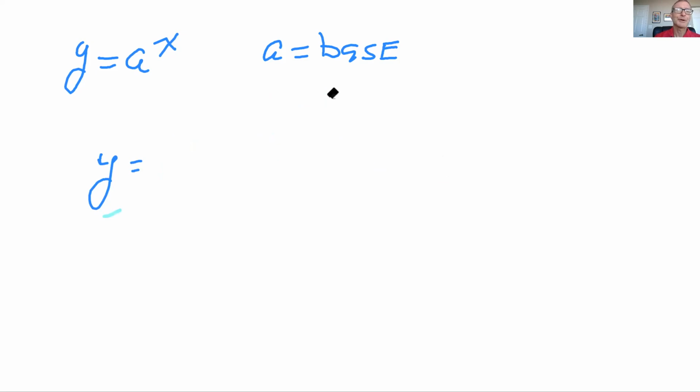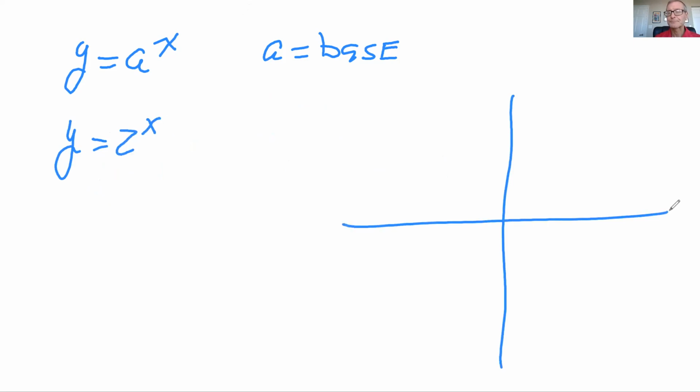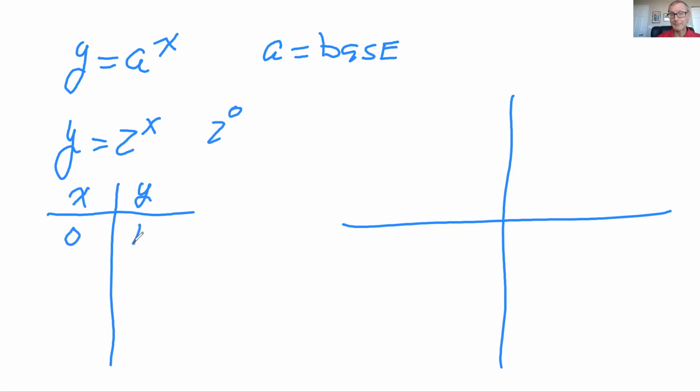And let's do a quick graph of this and see a couple of the attributes. So say we have 2 to the x. And let's do a little sketch over here. The idea is let's plug in some numbers, see what we get, right? This would be x, this would be y. If we plug in 0, 2 to the 0 power by definition is 1.